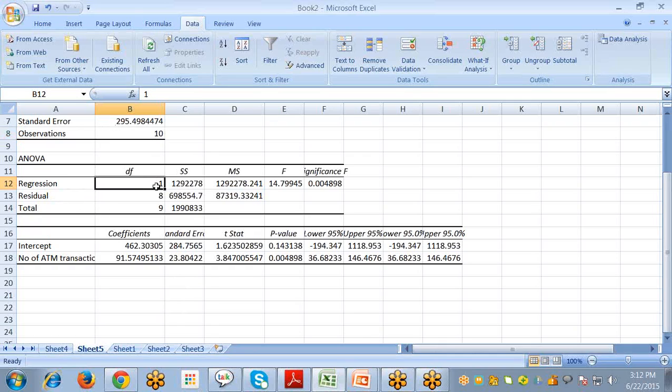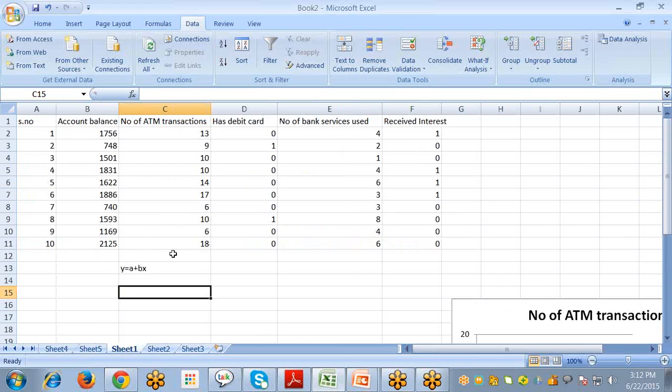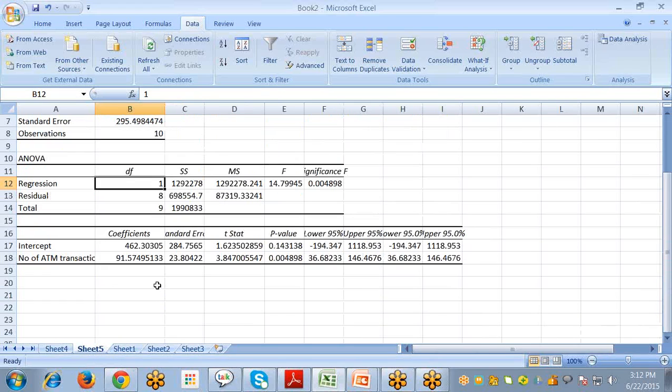So one denotes how many independent variables you are using in your calculation. I am using only one, the number of ATM transactions, because I am doing simple linear regression, in which only one independent variable is required.